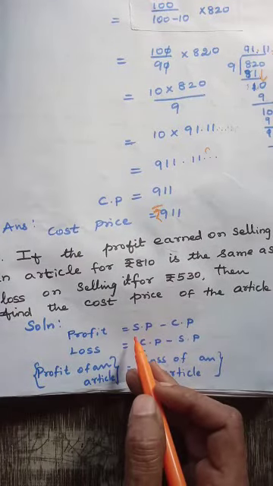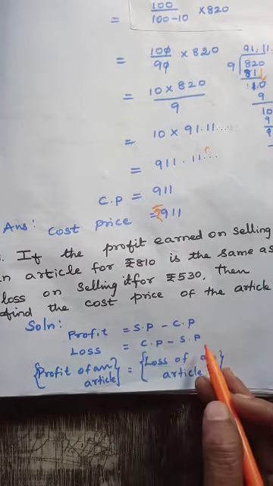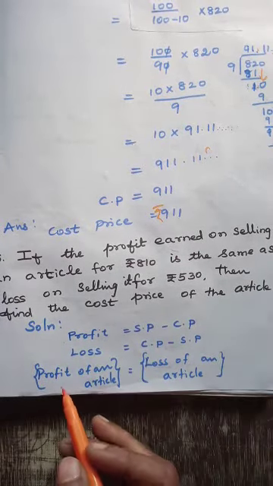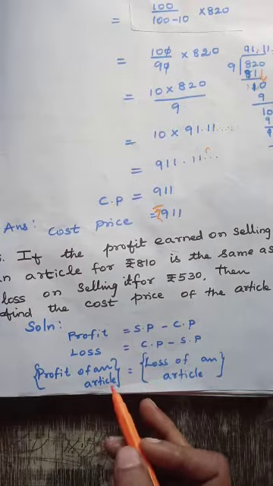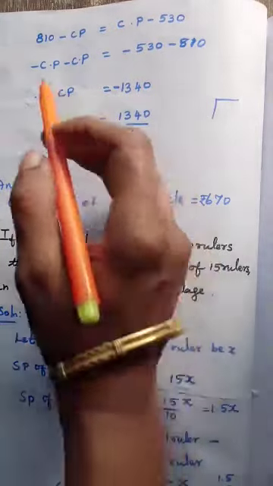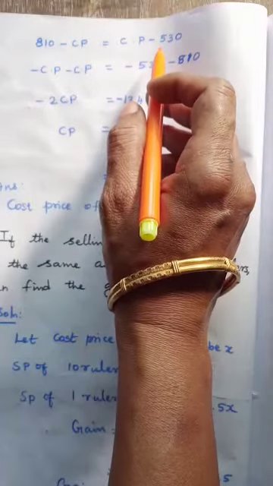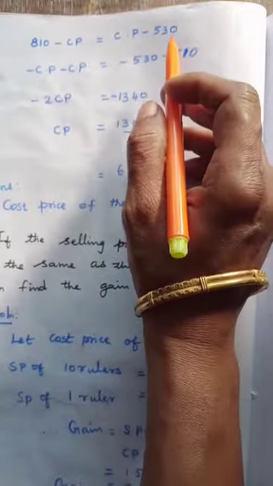Profit is equal to SP minus CP, we know. Loss is equal to CP minus SP, you know, isn't it? So profit of an article is equal to loss of an article. 810 minus CP is equal to CP minus 530.